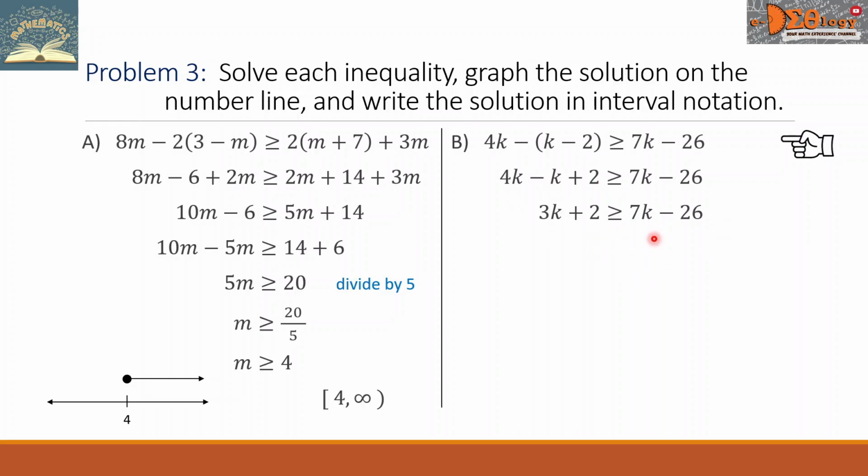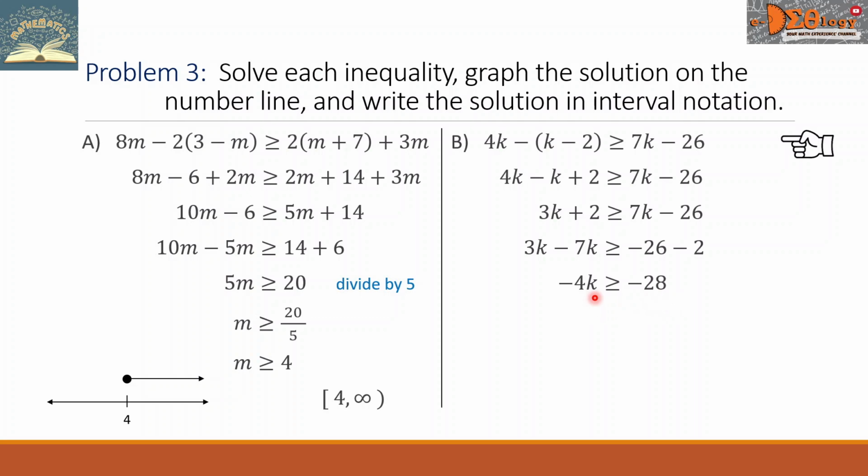Let us now put together those variables and all those numbers together separately. So the 7k we transpose to the left becomes negative 7k. This positive 2 transposed to the right becomes negative 2. Let us now simplify. 3k minus 7k, negative 4k, more than or equal to negative 26 minus 2 is negative 28.